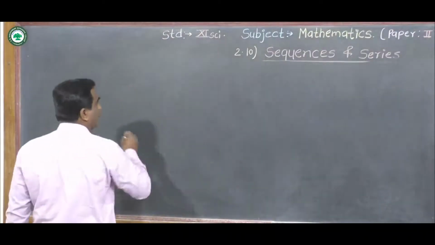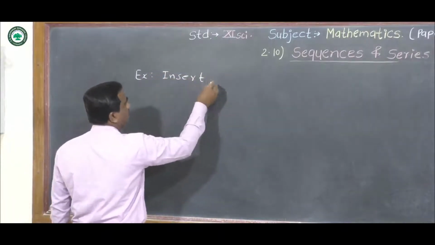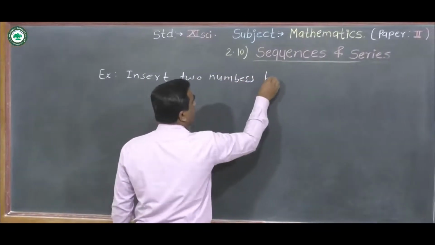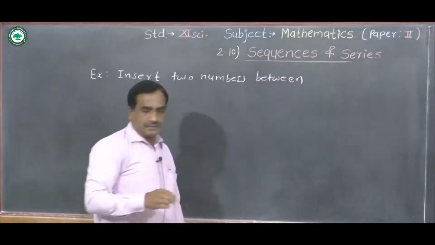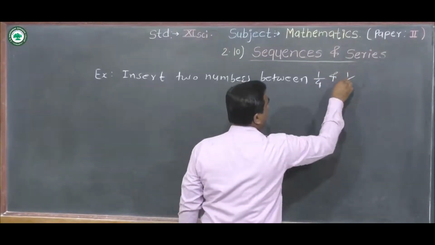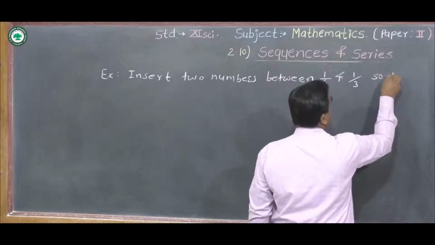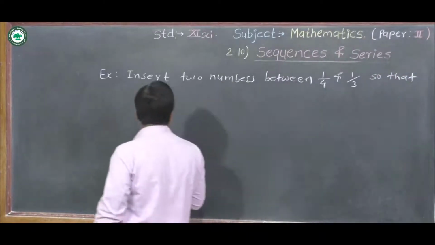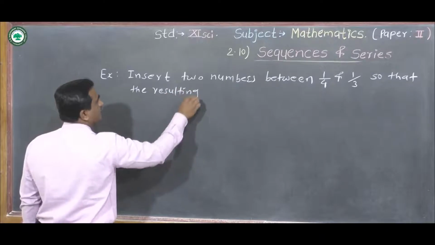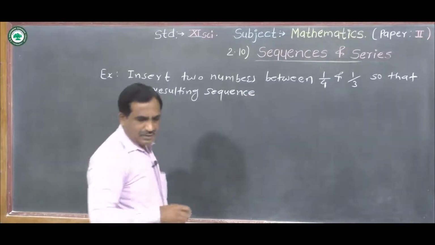Insert two numbers between 1 by 4 and 1 by 3, so that the resulting sequence is HP.